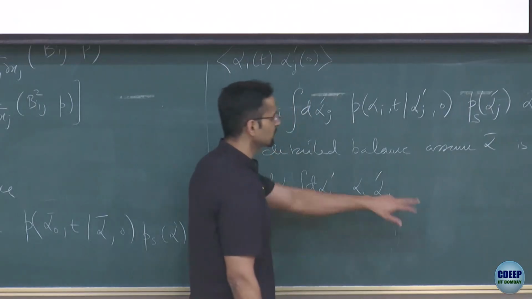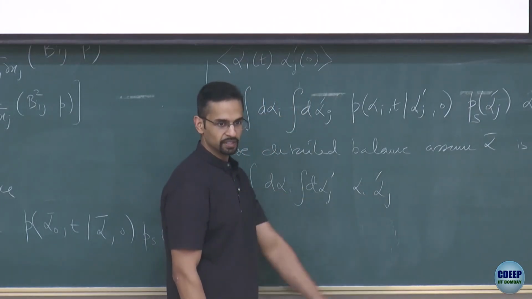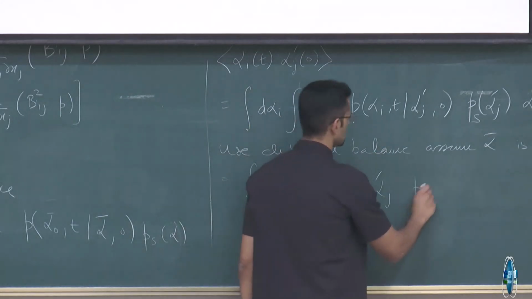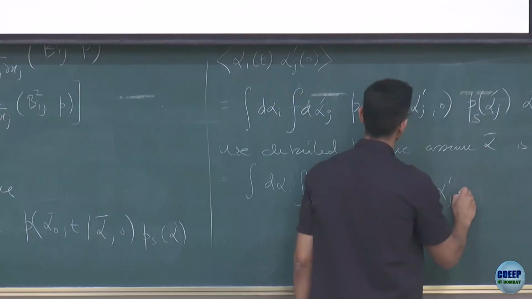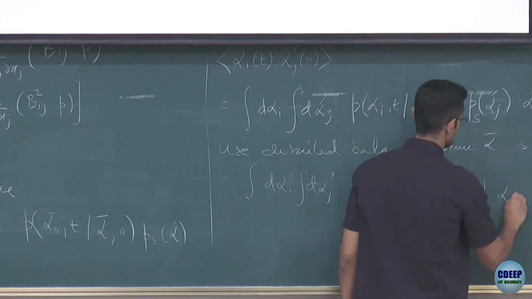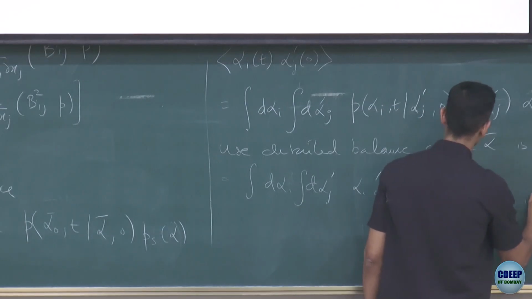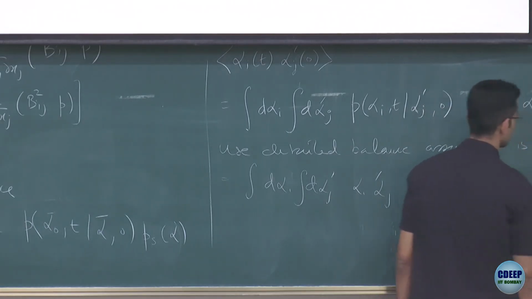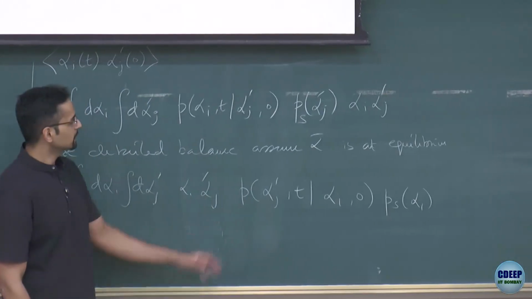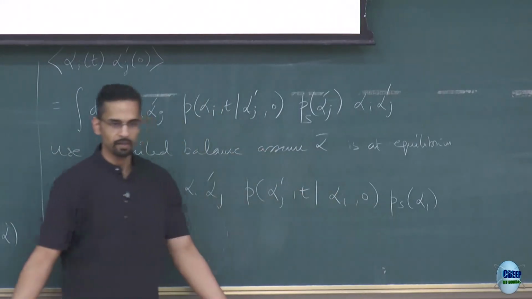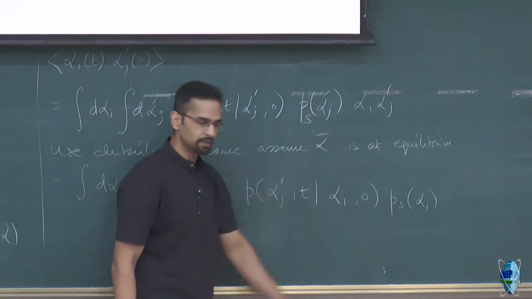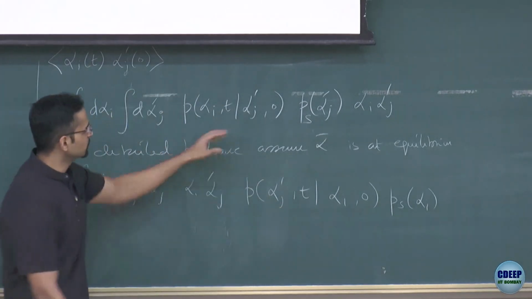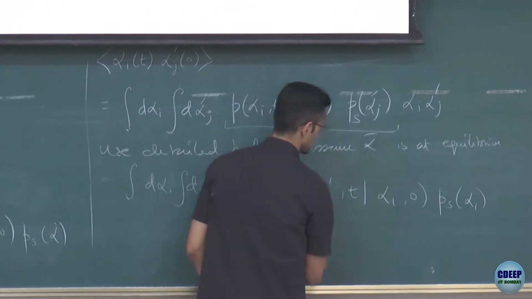What mattered was that alpha j was at the initial time and I took the stationary distribution over alpha j, but that I can flip because of detailed balance. The stationary distribution, of course, doesn't depend on time, so these things are the same. I just use detailed balance to replace this.